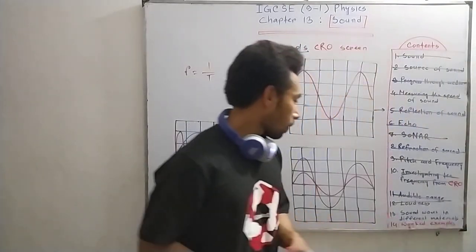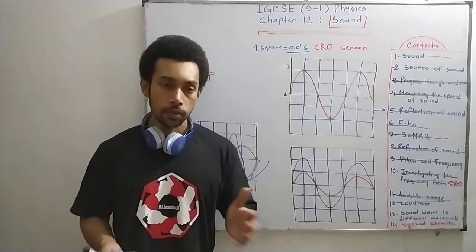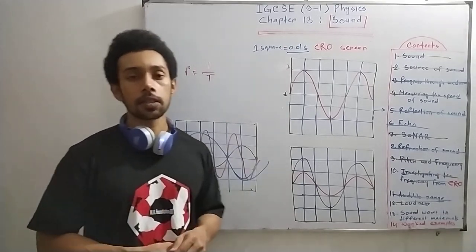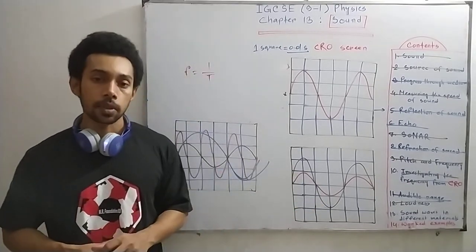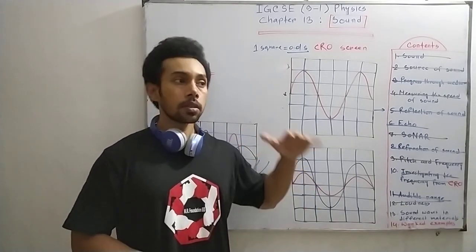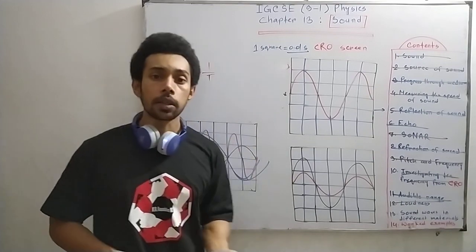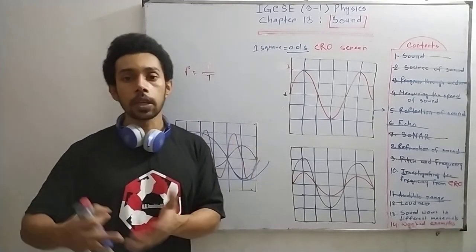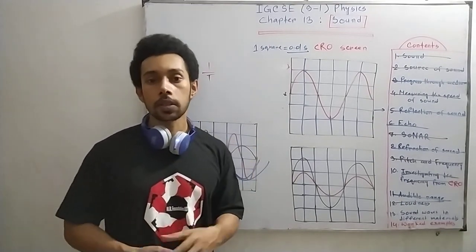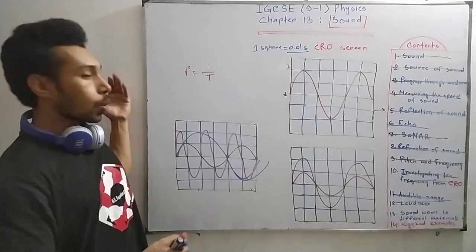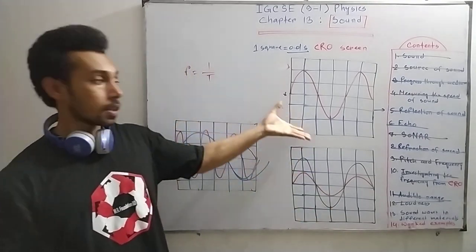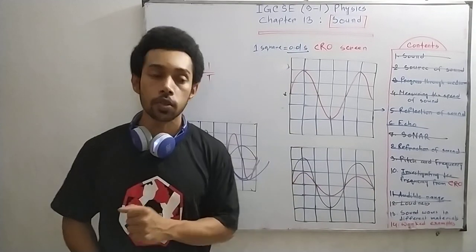Sound waves in different materials. Sound can travel through any matter medium. For example, someone is talking in the other room and you can hear his voice even when the door is closed, because the sound is traveling through the wall. Sound can travel through the wall. This proves that sound can travel through solids.